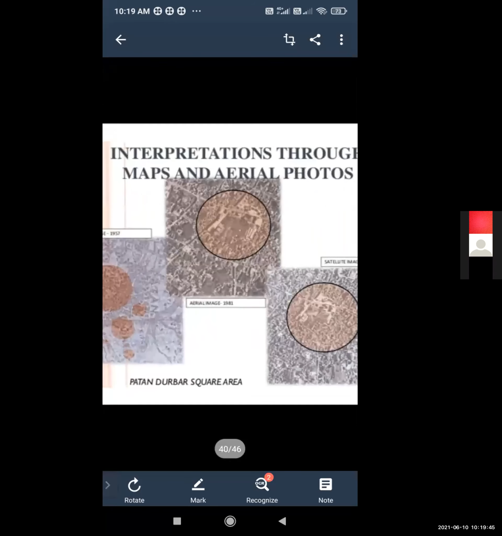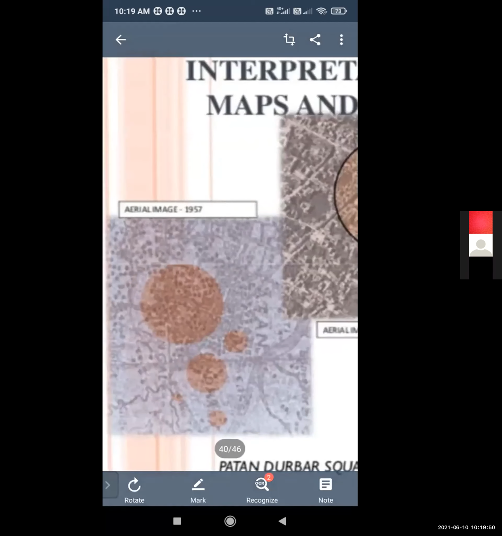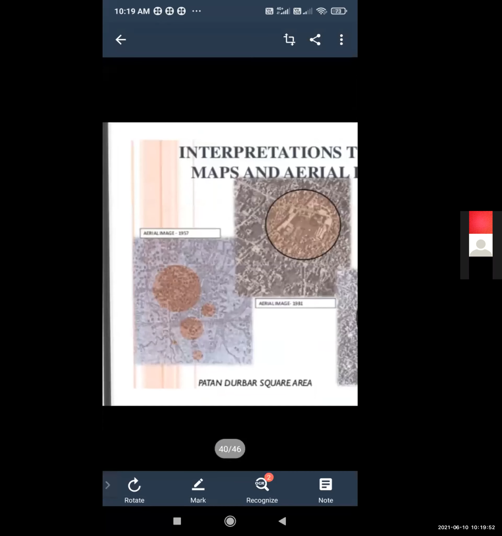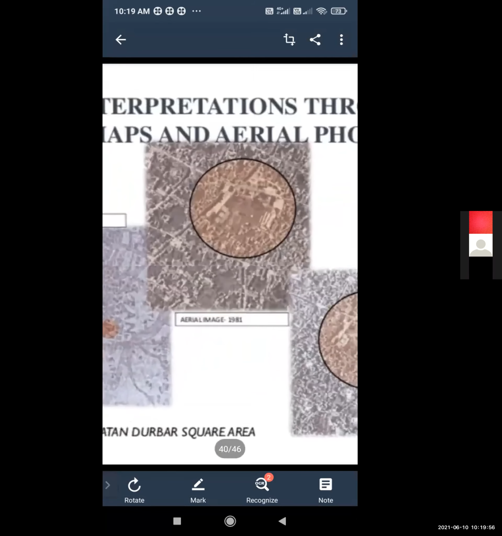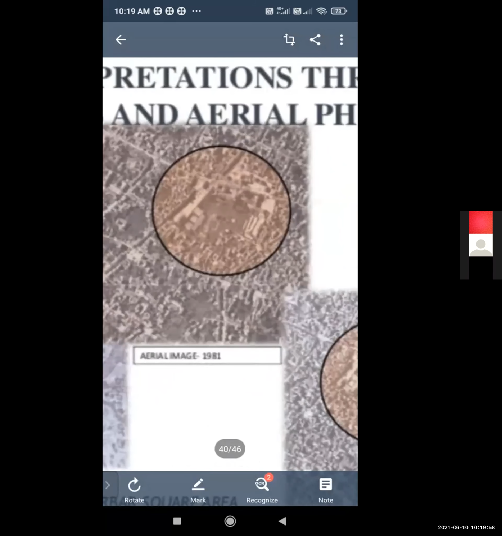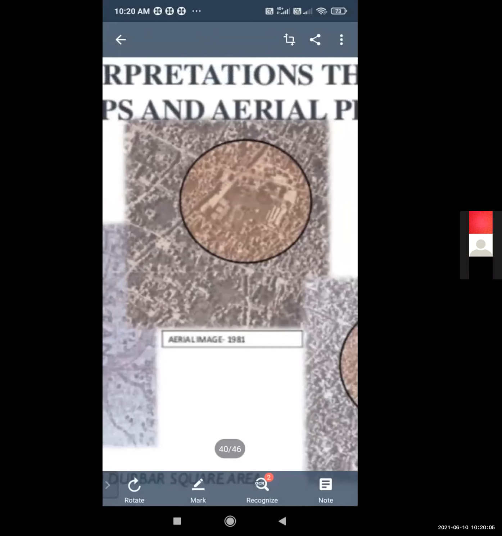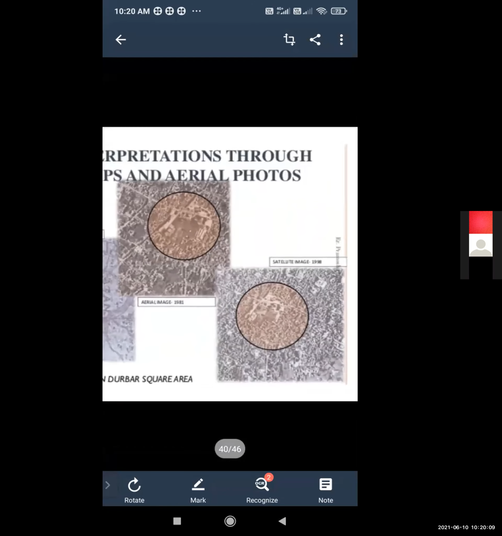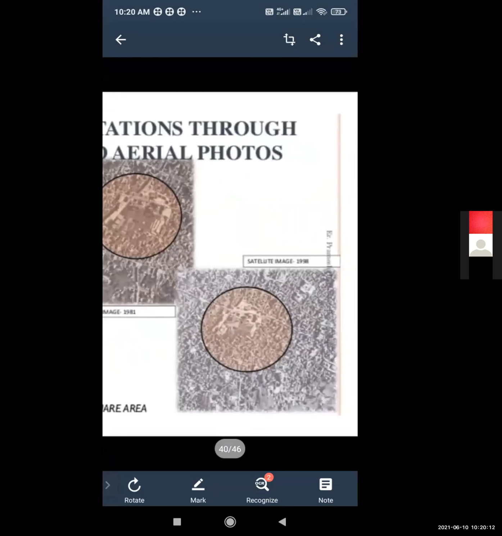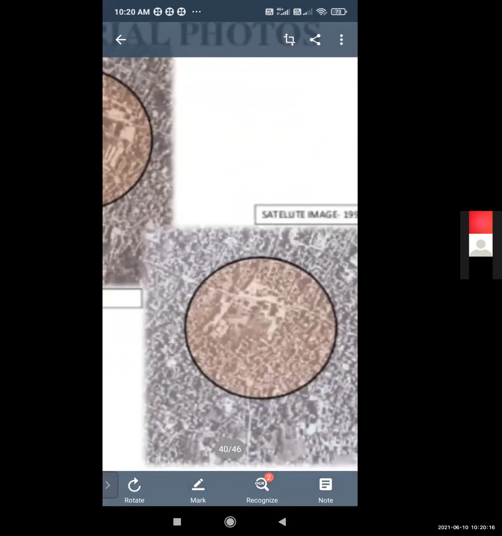Here also, the 1957 aerial image is found of this type. And in the aerial image of 1981, photogrammetry has been used from 65 onwards, so from 1981 we got images of this type. Then the satellite image in 98 also.